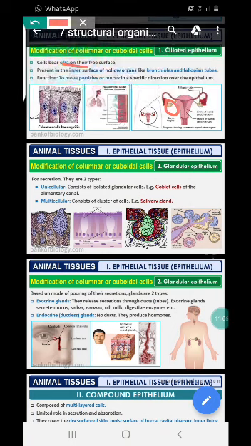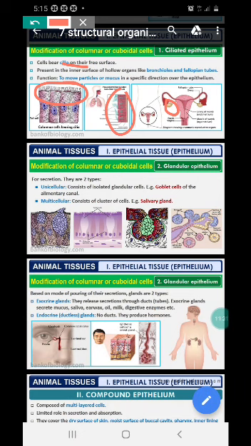In the fallopian tube, there is a need for cilia. See this one, cilia on the free surface of columnar cells. The function is also to remove particles or mucus in the trachea. See, in the trachea also you can find cilia to remove the dust particles. Right.